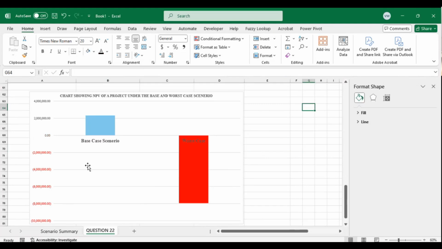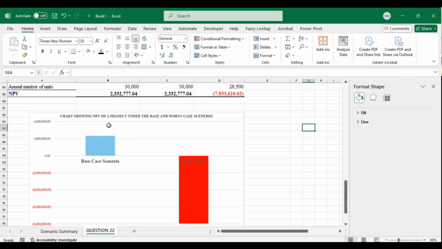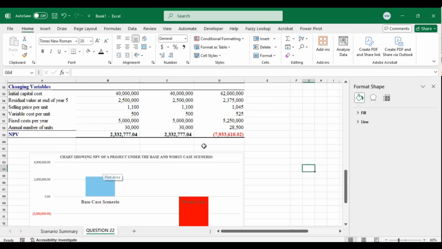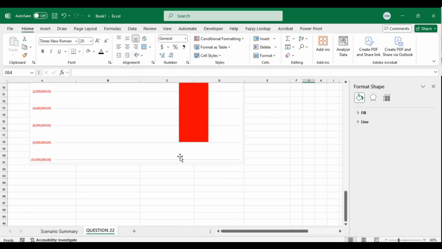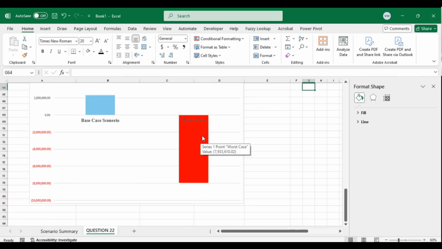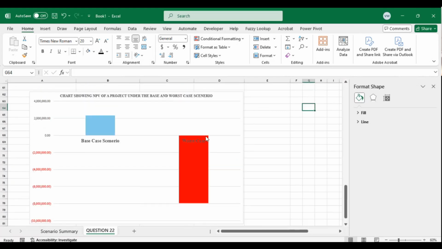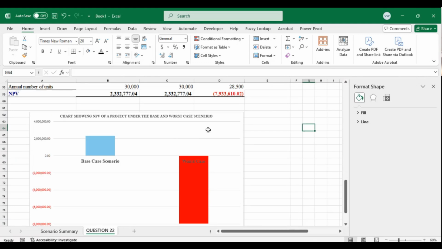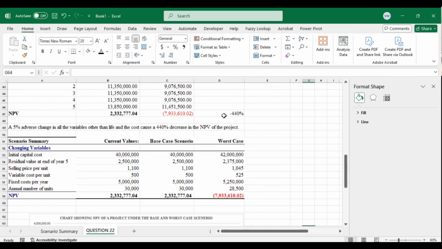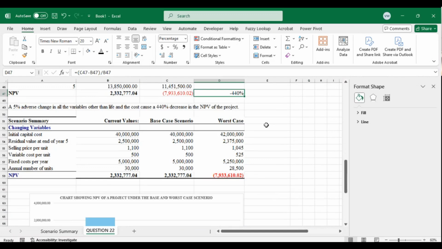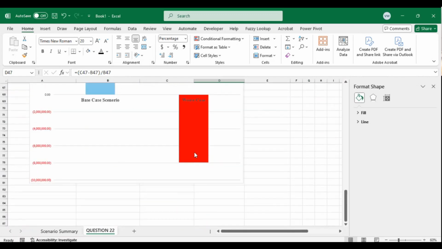And you can see that in the best case scenario, our NPV was 2.3, and in the worst case scenario, it is negative 7.9. That is why it is an inverted chart. We had said that a 5% adverse change in all the variable costs causes a negative 440% change in the NPV in the worst case scenario.